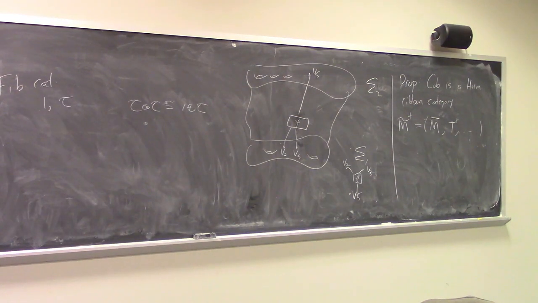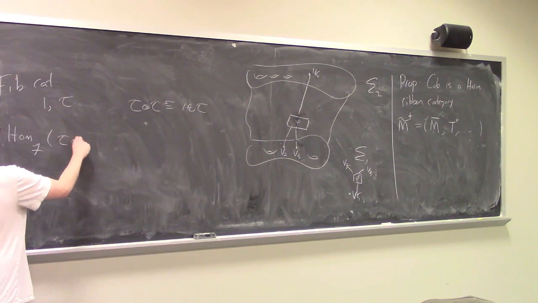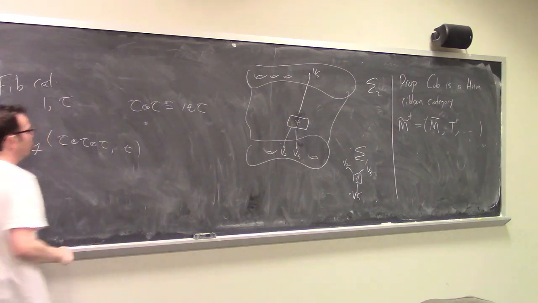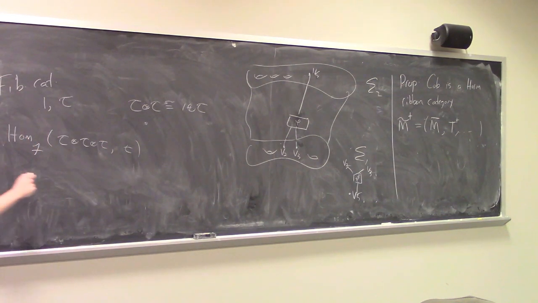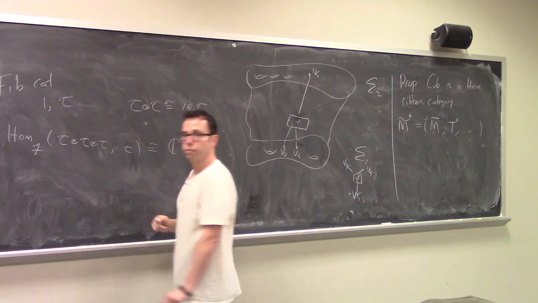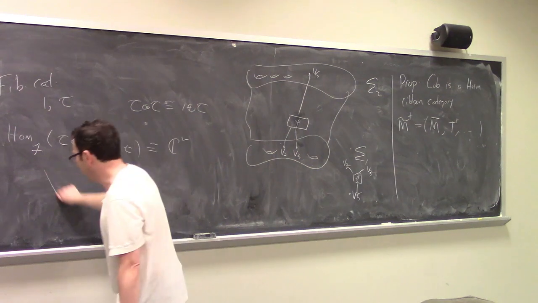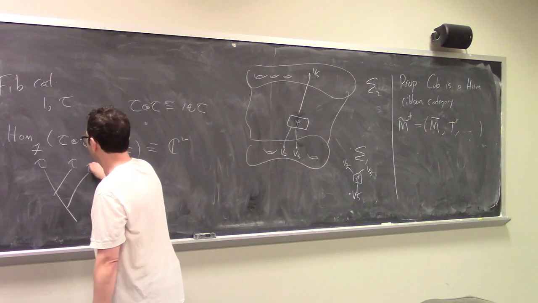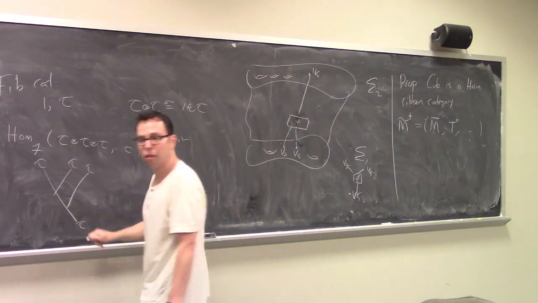So you have this Fibonacci category, and you can construct a qubit from it. If you look at the Hom space in the Fibonacci category from tau tensor tau into tau, this is two-dimensional. It's typical in this graphical language to draw these trees to denote these morphisms, going from tau tensor tau down to tau.